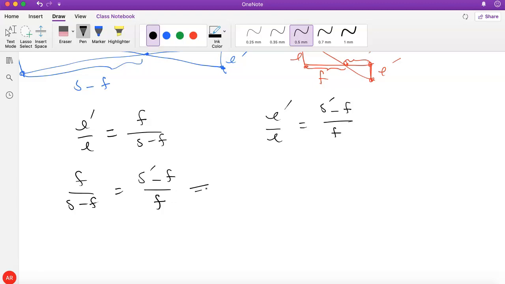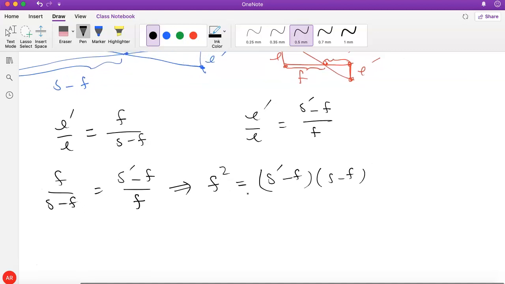So let's do that. If I take this and multiply both sides by F, so I cancel out this F in the denominator, and multiply by S minus F to cancel this out, I find F squared is going to be S prime minus F times S minus F. Okay, so what is this?